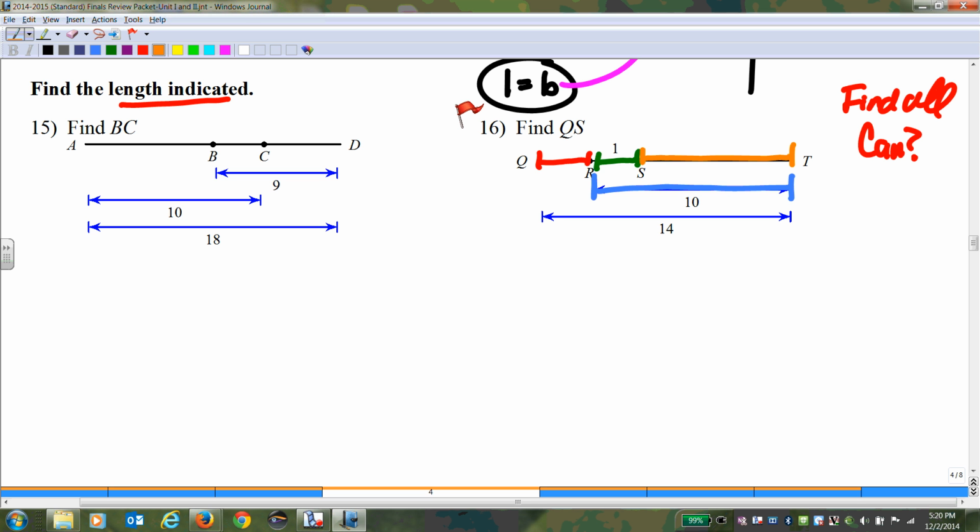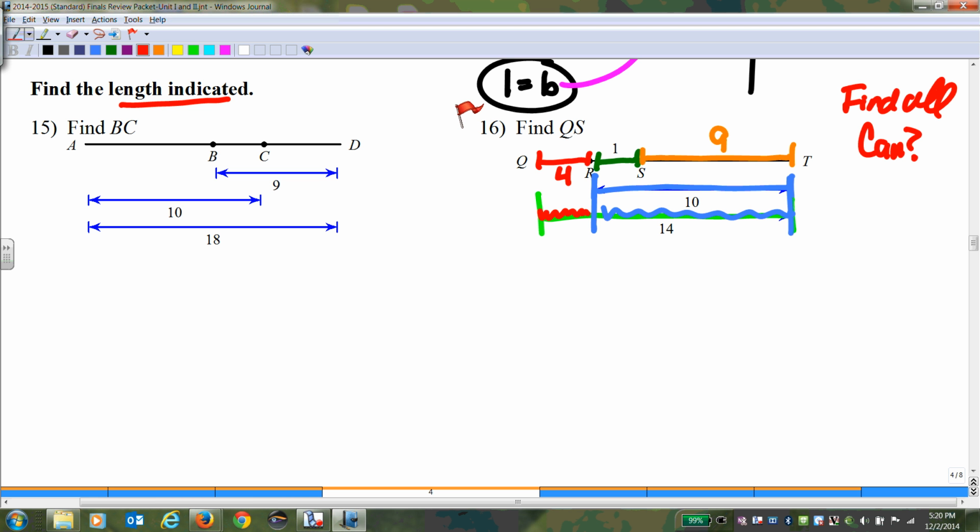You should see that that's going to be 10 minus 1, so that's 9. Let's see what else we can find. The whole thing is 14. And if we take away 10, we can get what we're trying to find, which is 4.